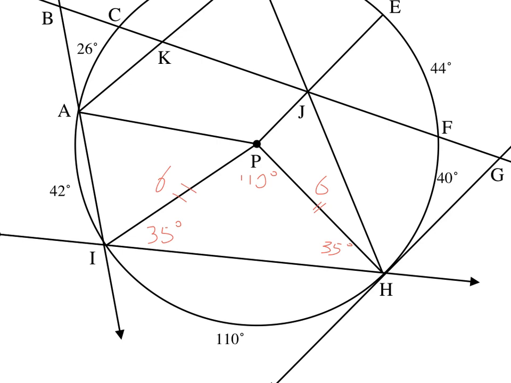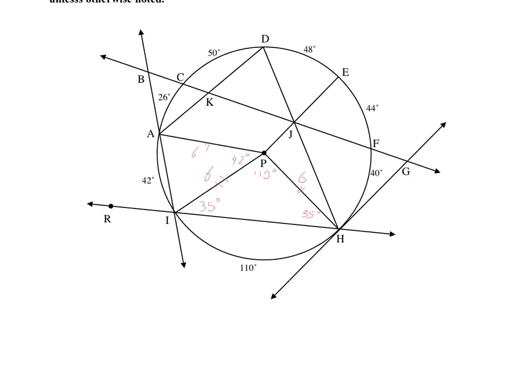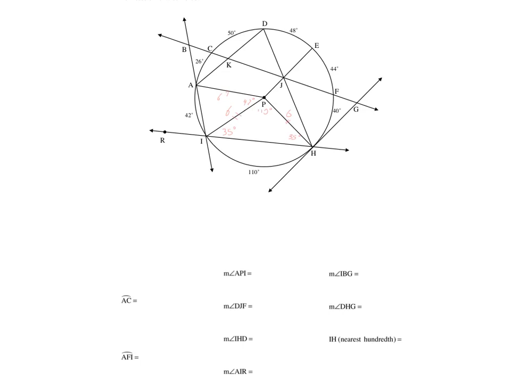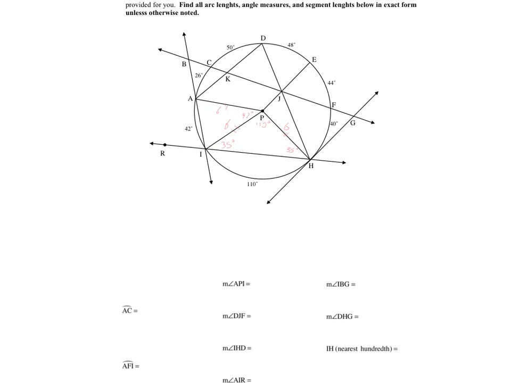Lots of the other areas we don't know things about. So we could say that this would be 42 degrees because it's a central angle, and it's also equal to 6. And then we know the angles that are associated with it. So that's going to be the problem why it's so common. For example, arc AC.